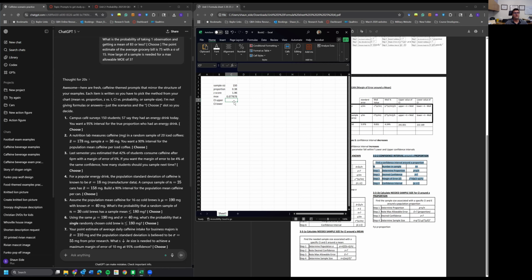So the upper value and lower value. We're going to do equals the proportion plus the margin of error value. Then equals the proportion minus the margin of error value. And so I'm going to write this up like how to interpret.